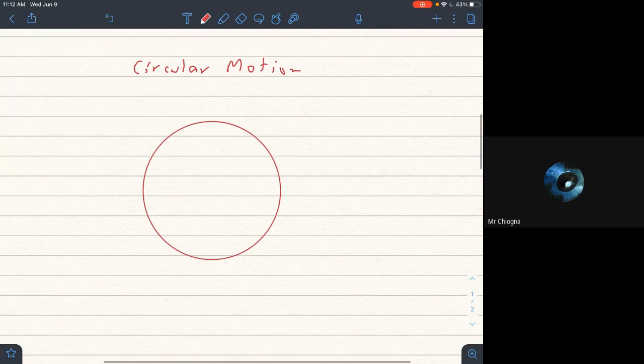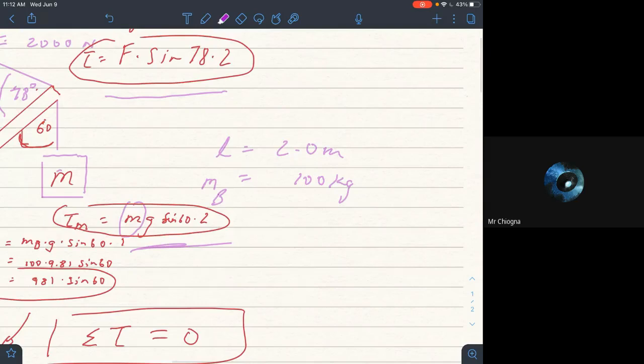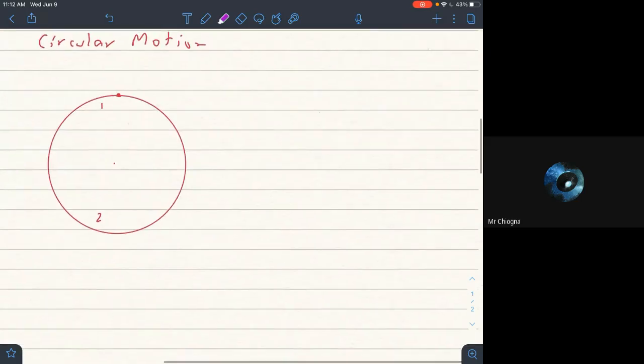I want you to analyze 2 points, point 1 and 2. I want you to find the direction at point 1 and 2 for the force, the centripetal force, velocity, acceleration.